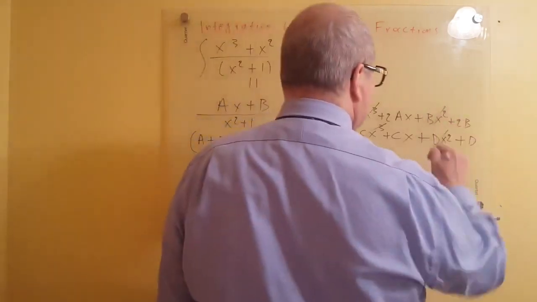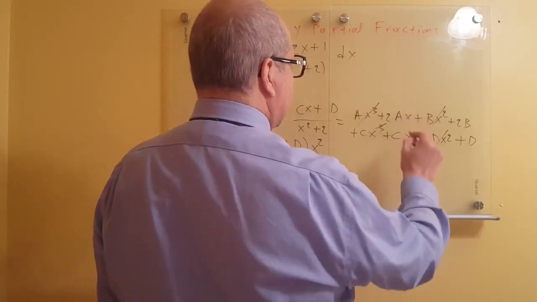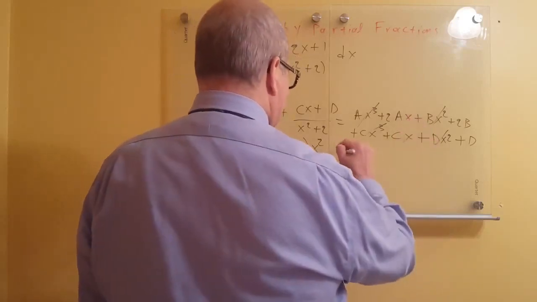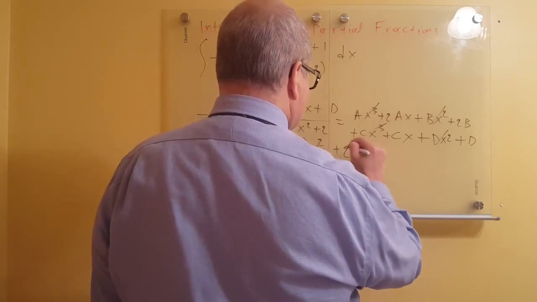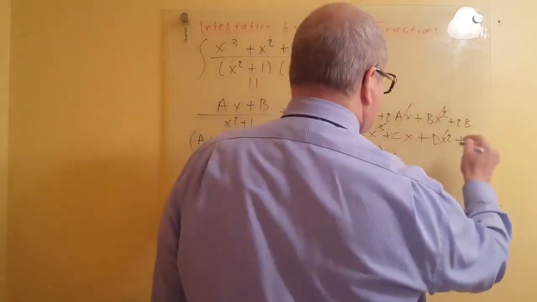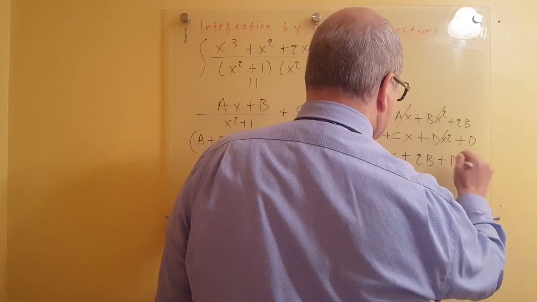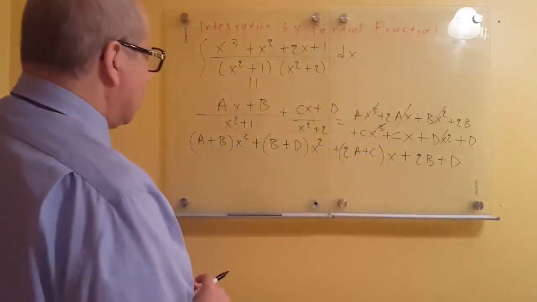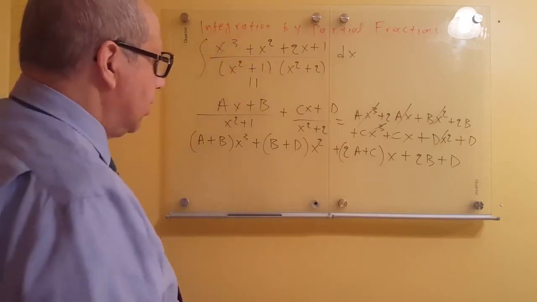And then we'll have the ones with the x, so that should be plus (2a plus c) times x. And finally we'll have the constant, which is 2b plus d. And of course, the denominator will remain the same, which is this here.